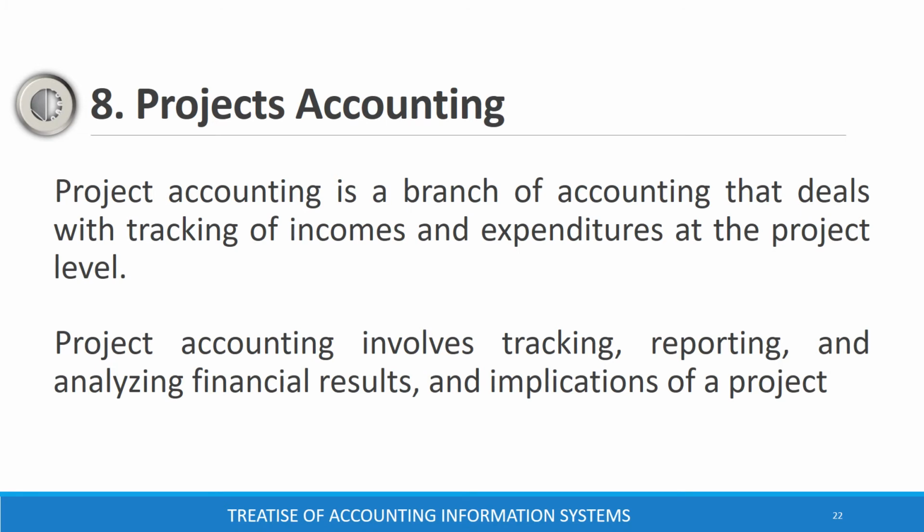The eighth branch of accounting is project accounting. Project accounting is a branch of accounting that deals with tracking of the incomes and expenditure at the project level. Project accounting, therefore, involves tracking, reporting, and analyzing financial results and implications of a project.